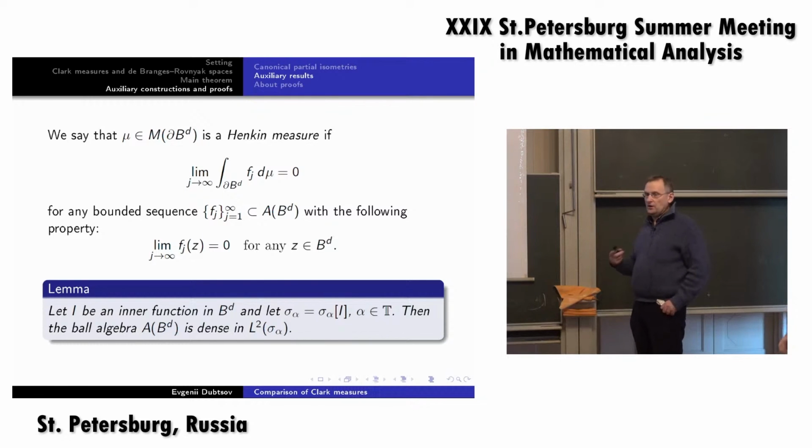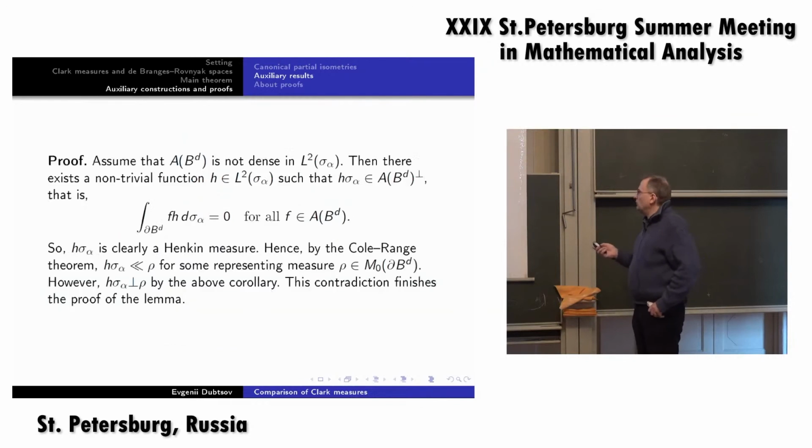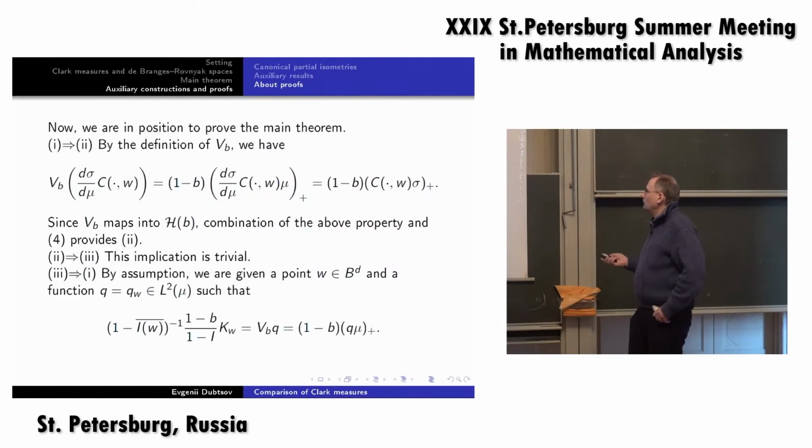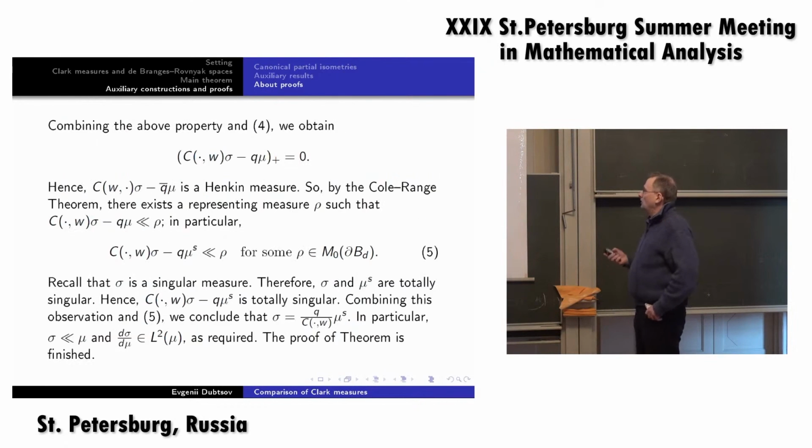The simplest example of a Henkin measure is if our measure is orthogonal to the ball algebra. If the integral is always 0, then of course the limit is 0. In our case, we have a certain measure whose Cauchy integral is equal to 0, so of course this is a Henkin measure.